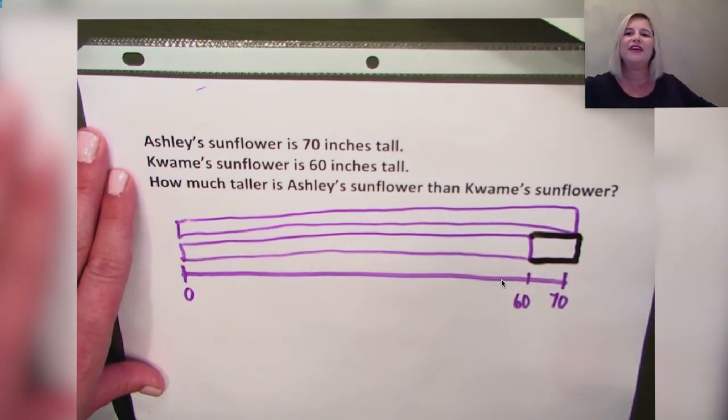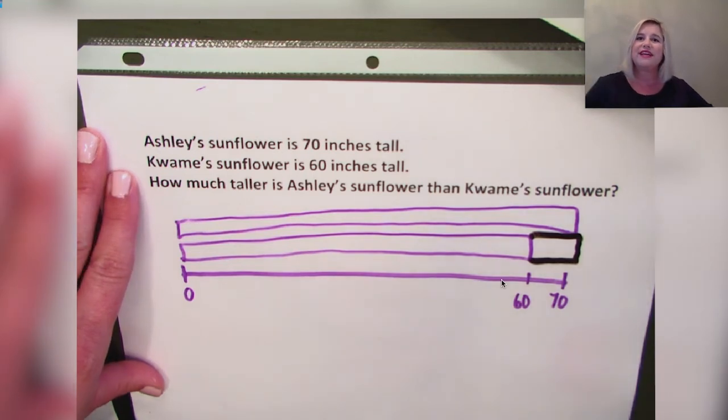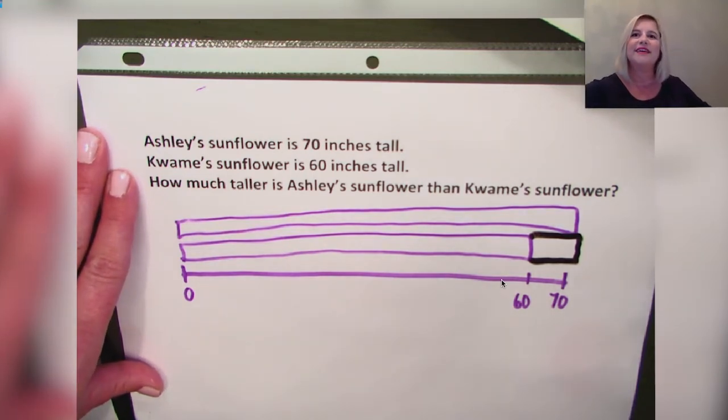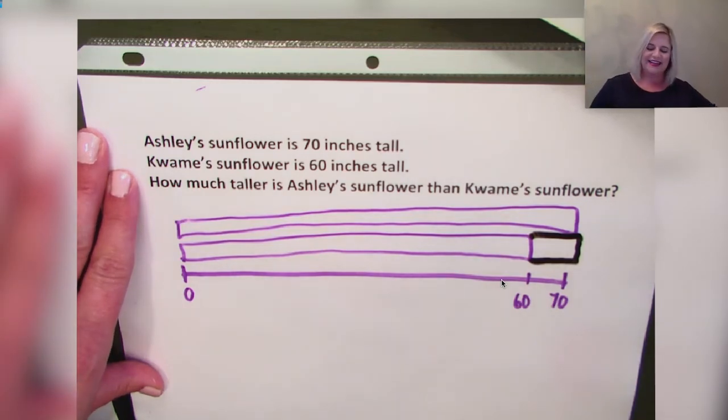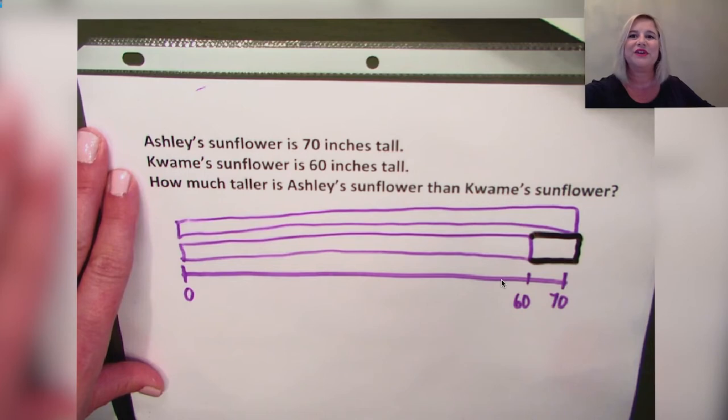So, did I add or subtract? Yes, I subtracted. How much longer is Ashley's sunflower? Exactly. It is very good, boys and girls.